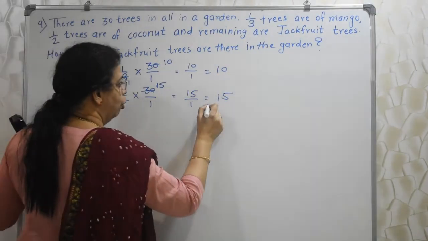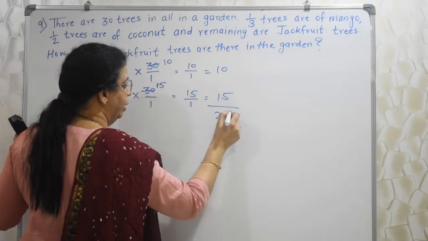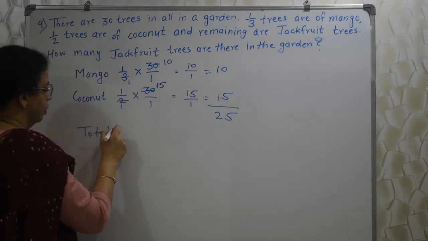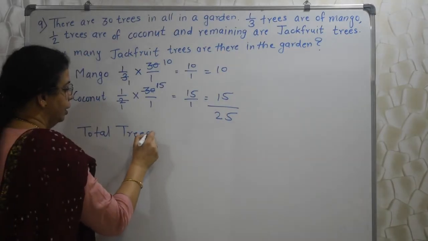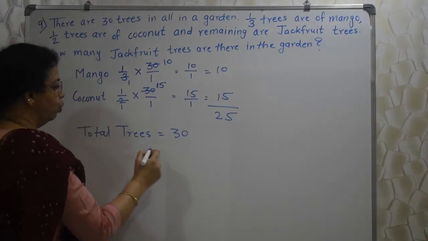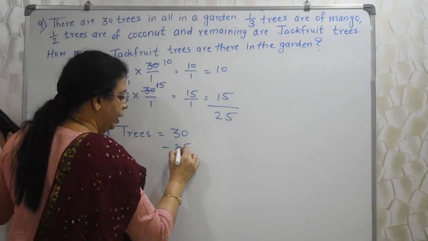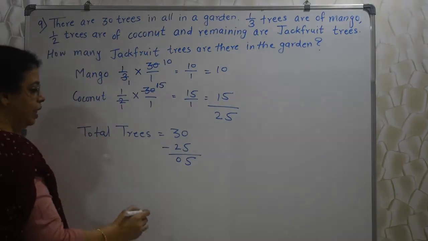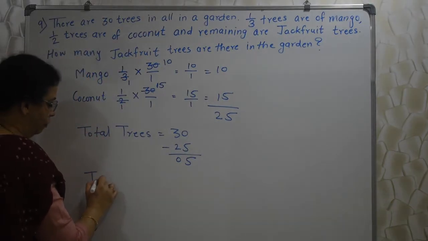So what is the addition of mango and coconut? 25. So total trees, how many are there? Total trees in the garden are 30. Out of that, mango and coconut are how many? 25. So 0, 5, that is 5 trees are of jackfruit.